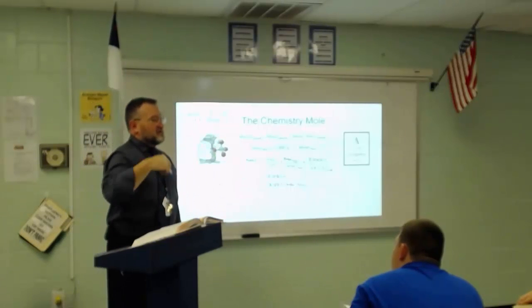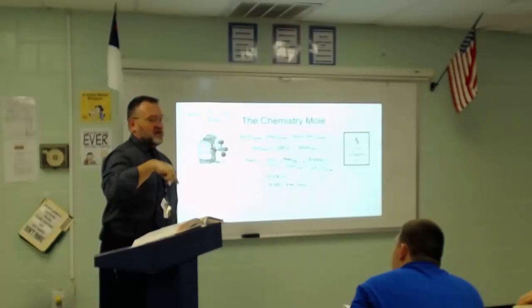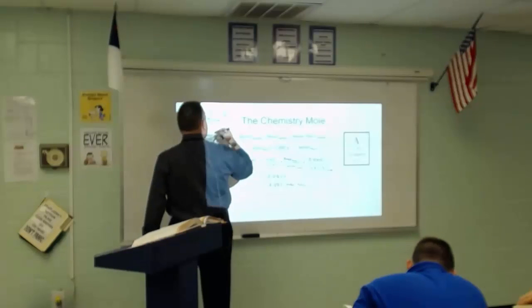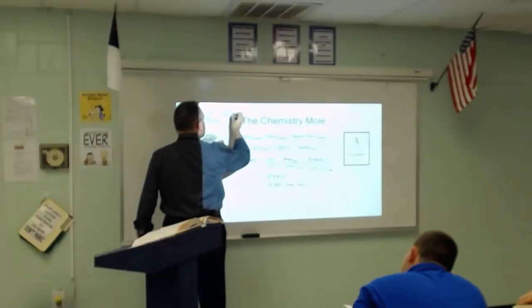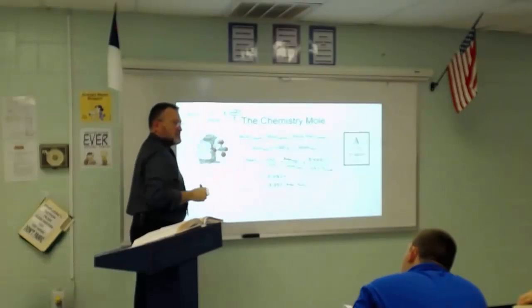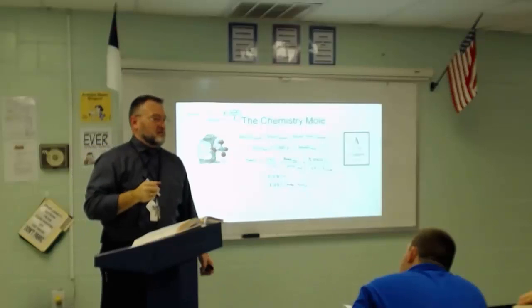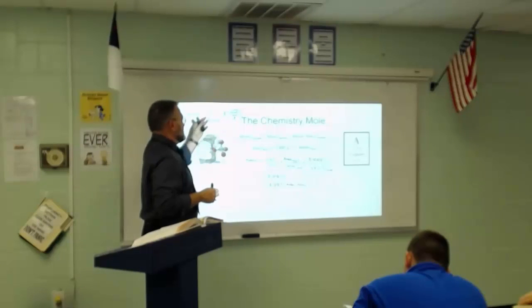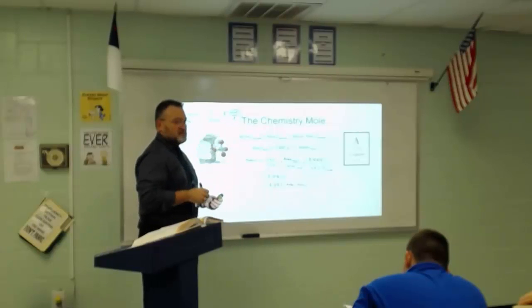When you divide by a fraction, it's the same thing as multiplying by the reciprocal, right? We're going to invert this. So grams times moles per gram. Grams will cancel grams and leave you with moles. That's a quick check to see if your setup is right. Moles equals moles. Yes, my setup is correct.